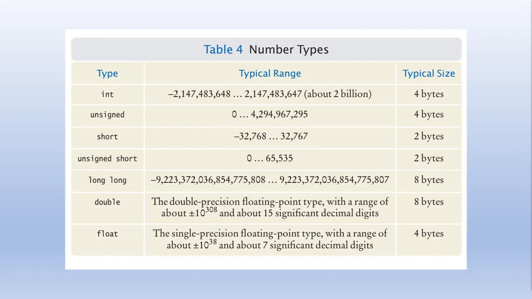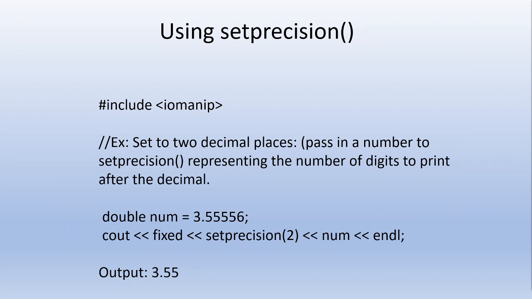We're now going to move into using set precision with floating point values. This is very useful when outputting some kind of number that has a large number of decimals back to the user, and you want to only print a certain number of those decimals out to the screen.